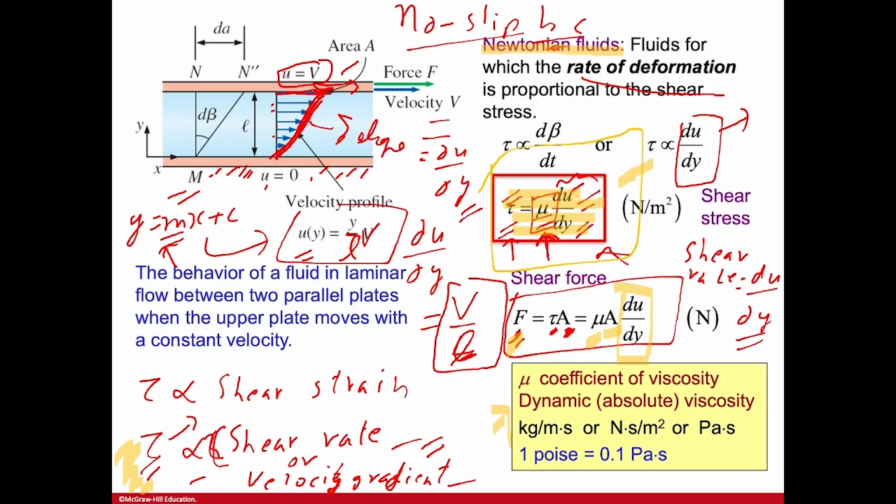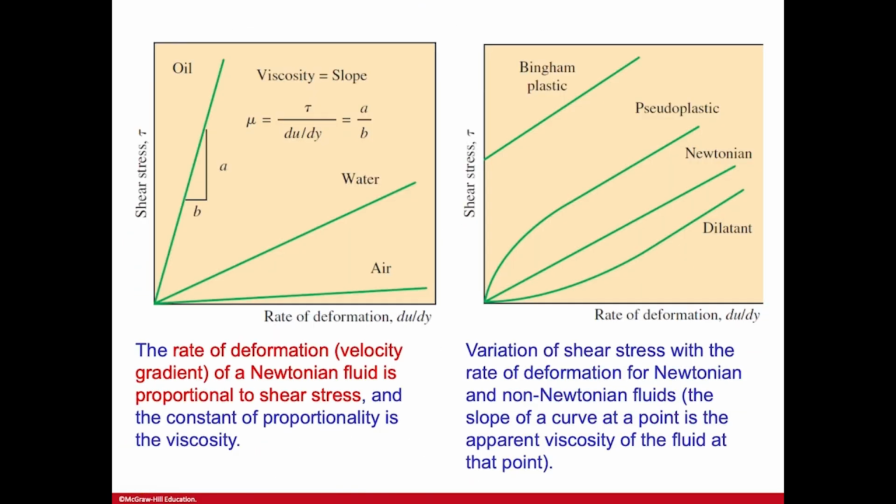But there are other fluids which are more unique, which we will not be covering in class, but you should be aware of, that do not follow this relationship. Those are called non-Newtonian fluids.